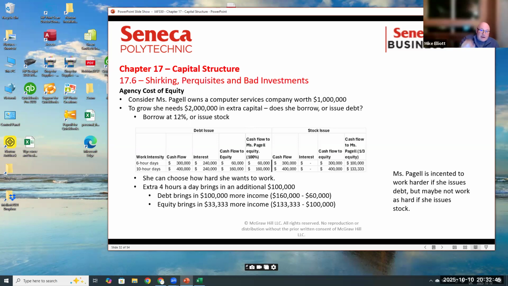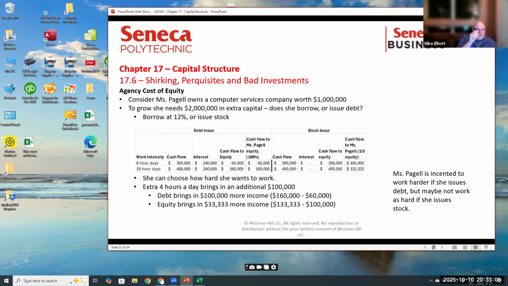If I raise my equity, then my $300,000 stays $300,000 because there's no interest cost. My $400,000 stays $400,000.